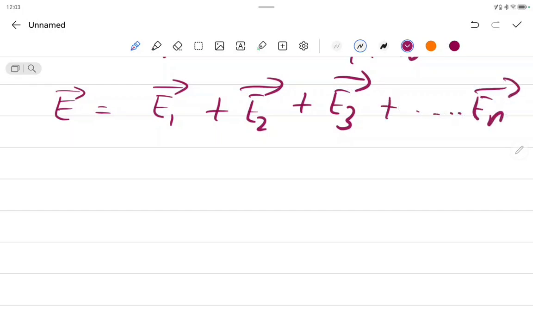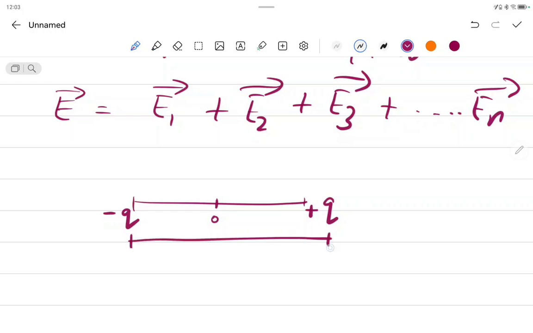And what is an electric dipole? Let's say I have a negative charge and here I have a positive charge. Let's take the center O. The distance between these two charges is 2a, so this distance is a and this distance is a.